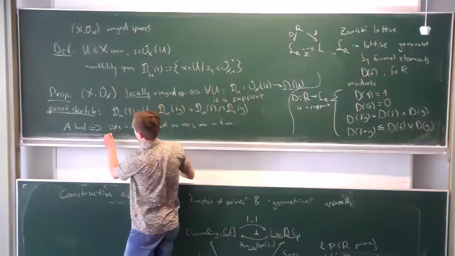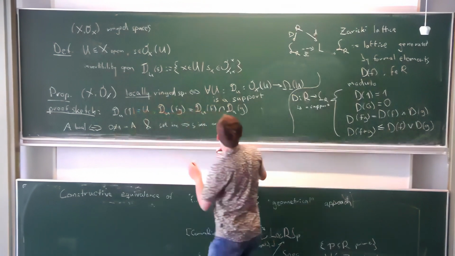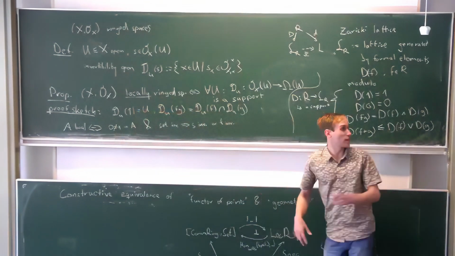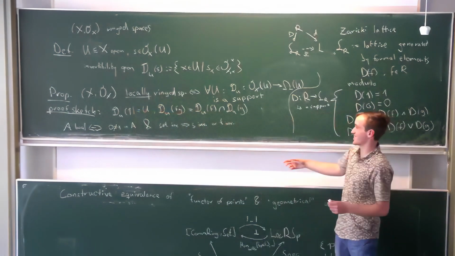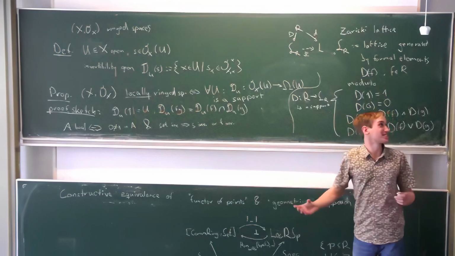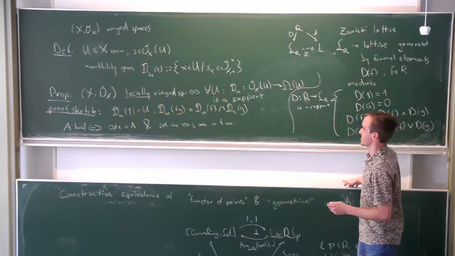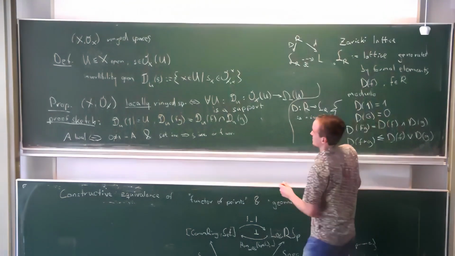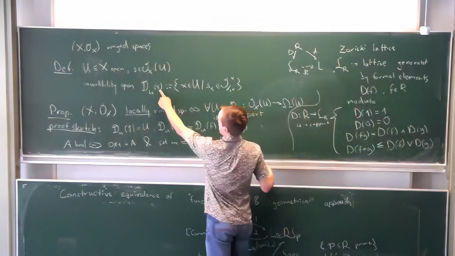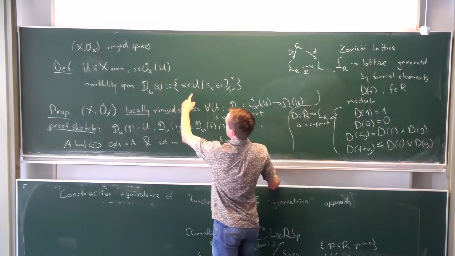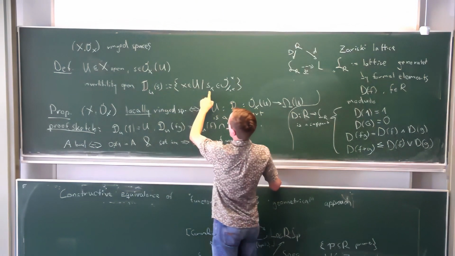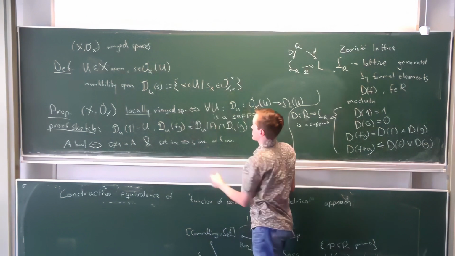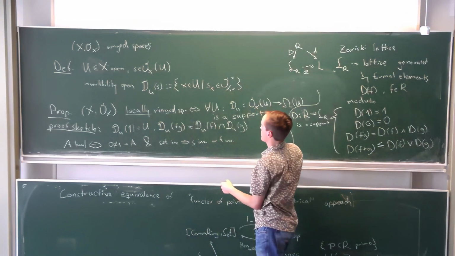This was maybe a bit hand wavy because I didn't spend too much time on it. This is a very neat observation, but I didn't want to write it out in full detail. If you have D of S plus T, this will be all the points where S plus T at that stalk is invertible.